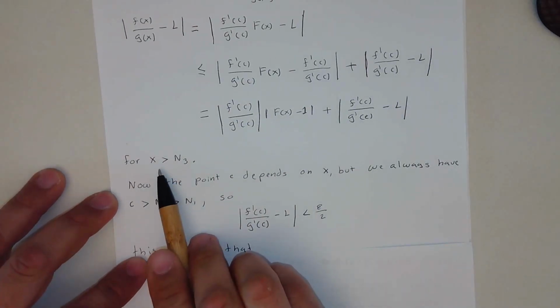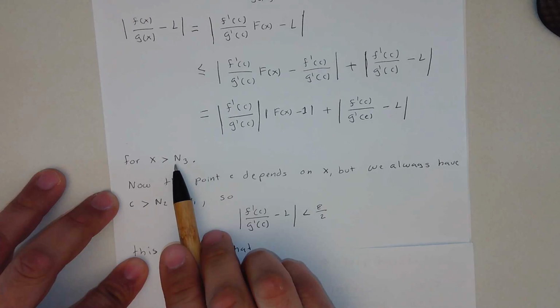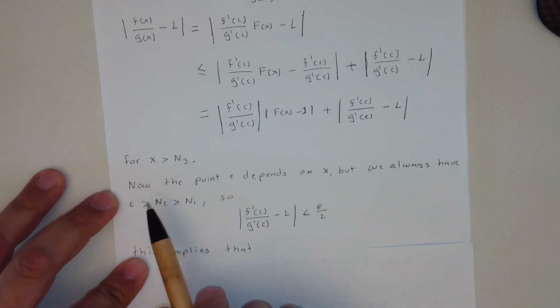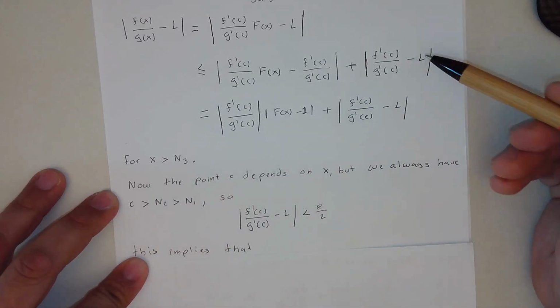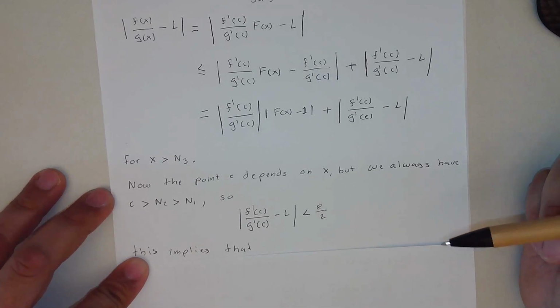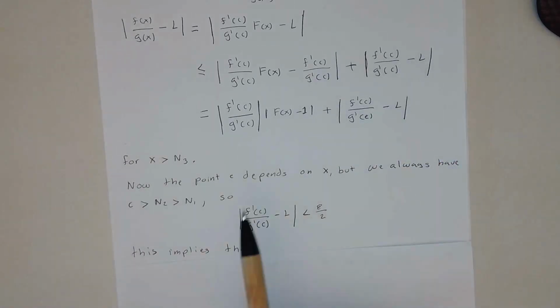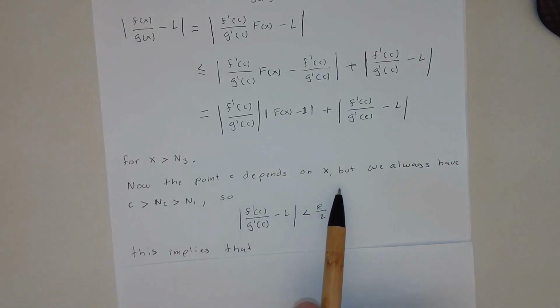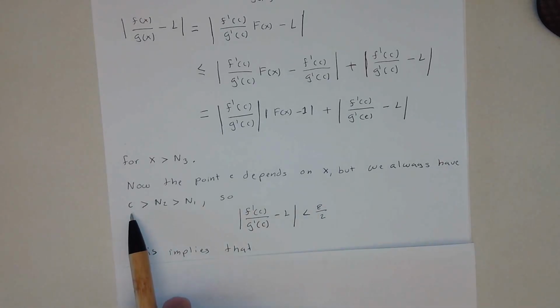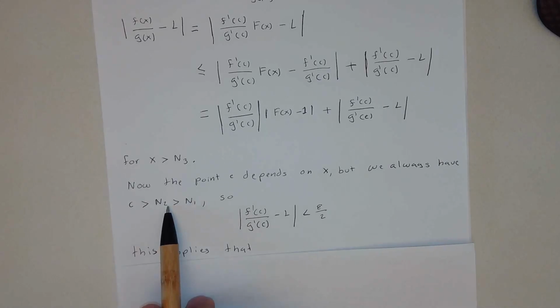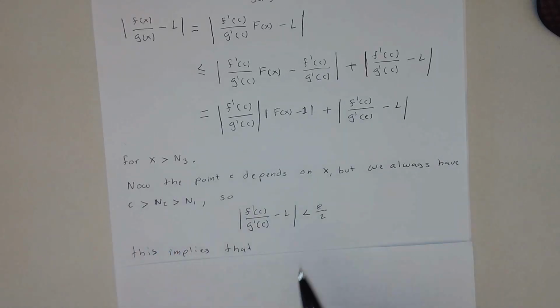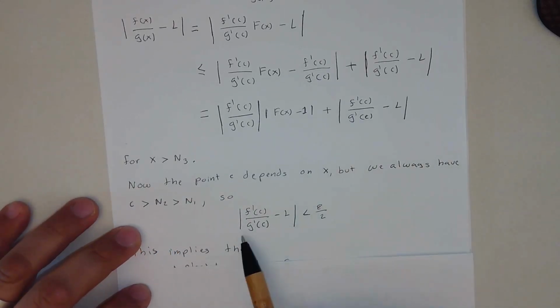So for every x that is greater than n3, in that case, this property will happen, okay? Now the point C depends on x, but we always have, of course, that C will be greater than n2, right? We can write this.